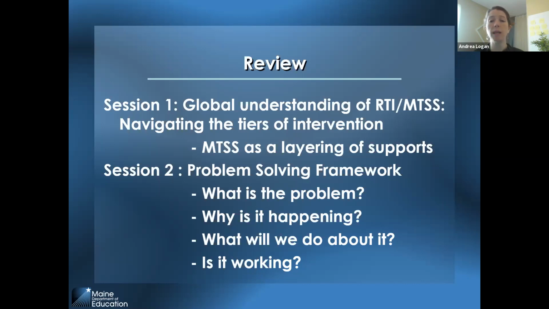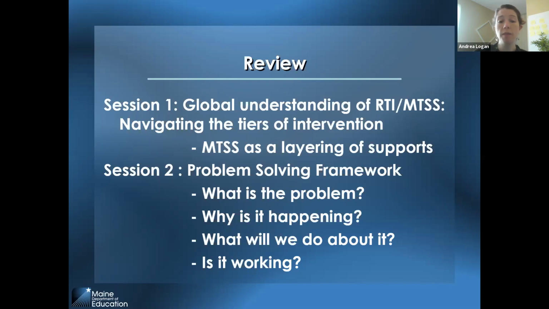And so the data that you collect is paramount in helping this problem-solving framework system work as well and as efficiently as it possibly can.